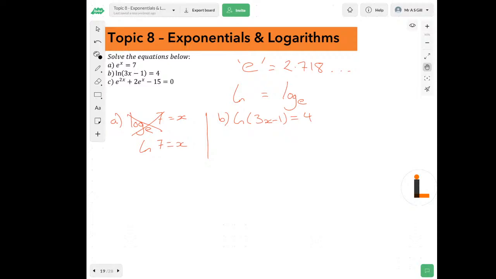So what this is saying is e to the power of 4 will give us this thing when we're switching back to the alternative format. This question is the inverse of what we've done in question A. We've gone from the exponential to the log. Now we're going from the log back to the exponential. So we get this. And then again, we just rearrange and solve to find a value for x.